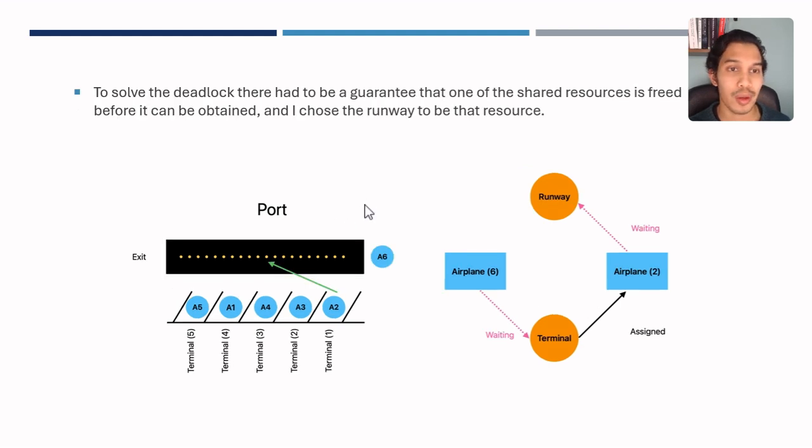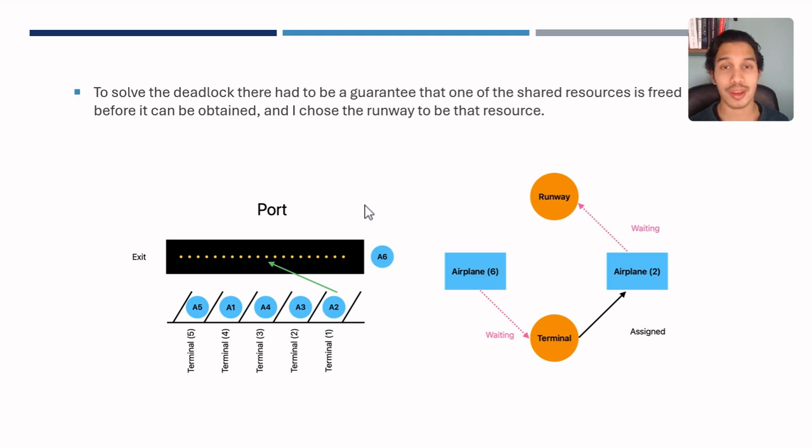Well, we can solve the deadlock by guaranteeing that one of the shared resources is freed before it can be obtained. In this case, I chose the runway to be that freed resource. We only let airplanes into the runway if there is an available terminal waiting in the port.